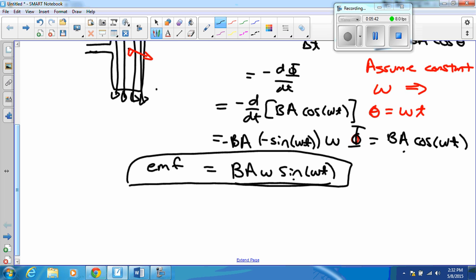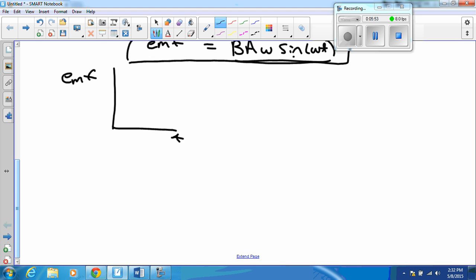The second thing is that the EMF that is output is not constant over time, but is going to be sinusoidal. In other words, the graph of EMF versus time is going to look like this. Let me make this larger so we can see it.